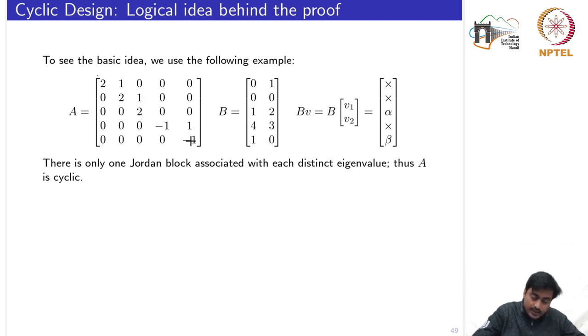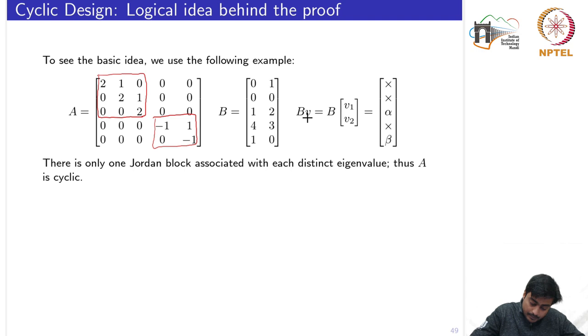One is 2 and another is -1. With respect to -1, we have one Jordan block, and with respect to the eigenvalue 2, we have another Jordan block. So this satisfies the definition of a cyclic matrix, and we can say that matrix A is a cyclic matrix.